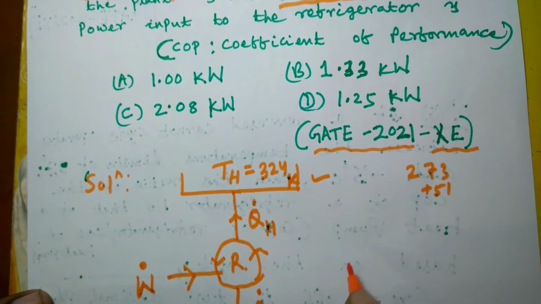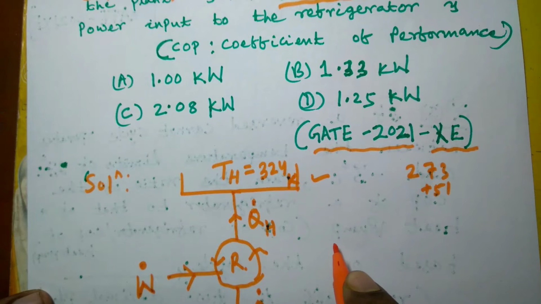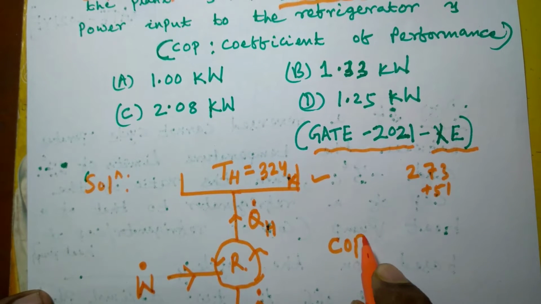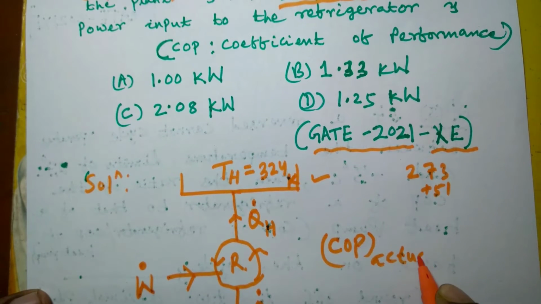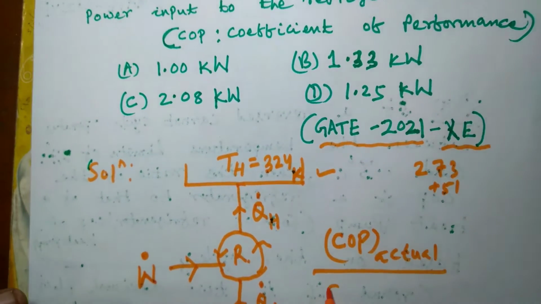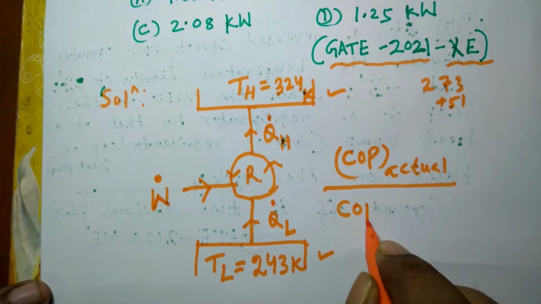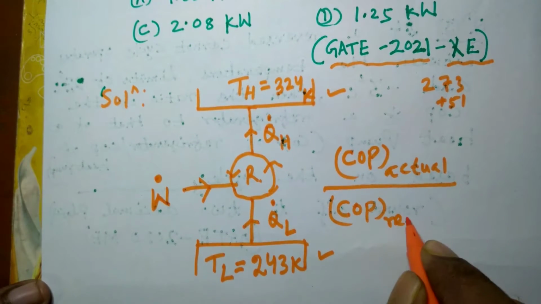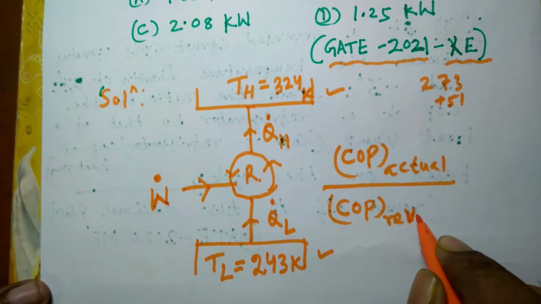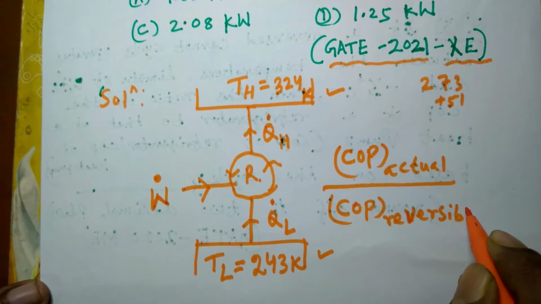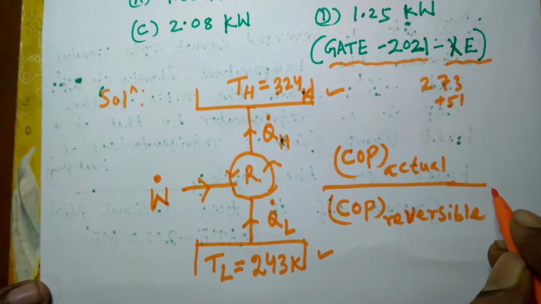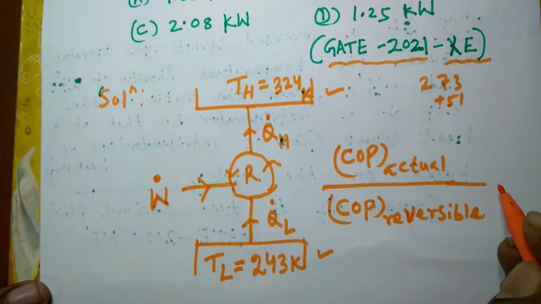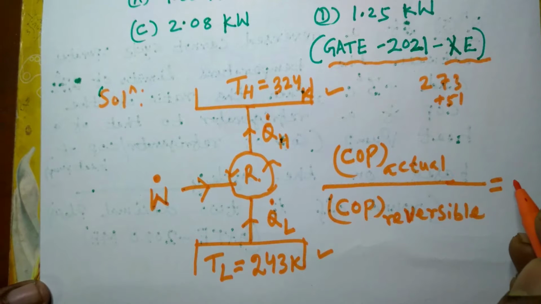According to the given data, COP actual divided by COP reversible, the COP of the actual refrigerator, is 0.8. In fact, in the case of refrigerator and heat pump, COP, the coefficient of performance, is calculated. There is no term called efficiency in these devices.